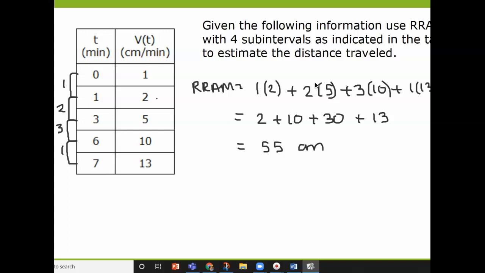And again, my units are centimeters per minute times minutes, so that would be 55 centimeters.